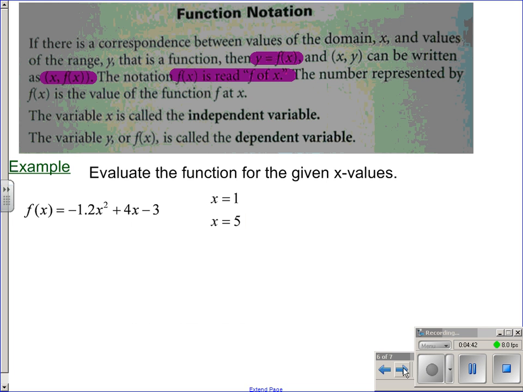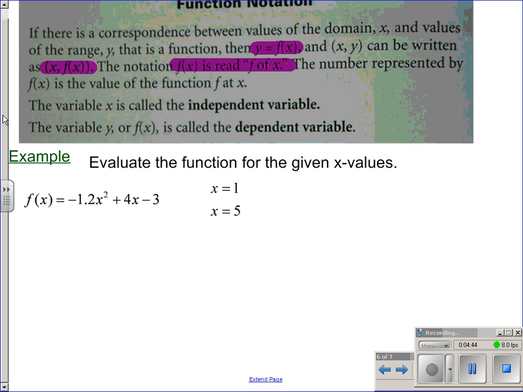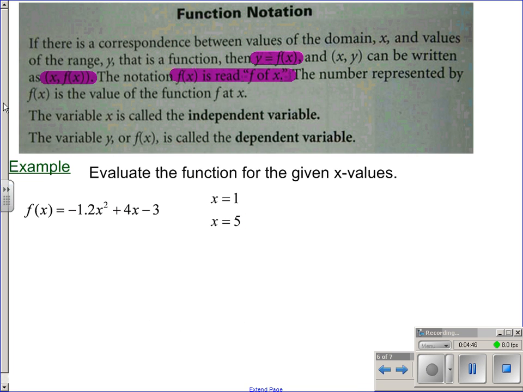Okay, last thing, big thing, function notation. Boy, looking at this, I really don't like that purple. Sorry if it's hard to read. Function notation is this. y equals f of x. It's just another way to write it. You know, we're used to saying equations, y equals mx plus b, that kind of stuff, y equals x squared. f of x and y are the same thing.